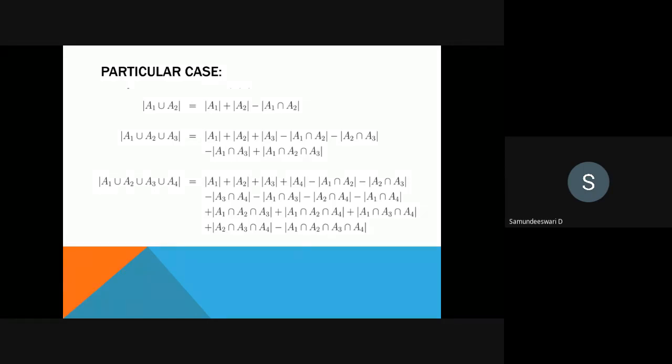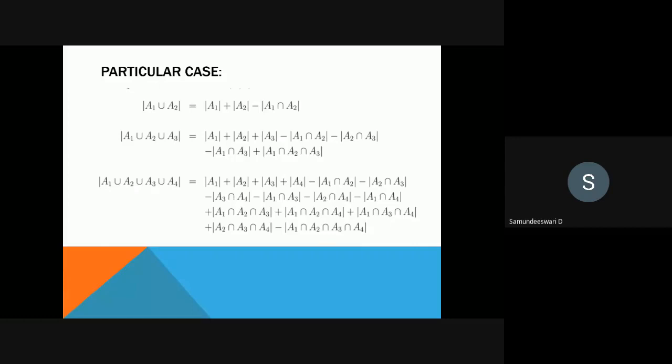Then the three sets A1, A2, A3. So easily you can remember: modulus of A1 plus modulus of A2 plus modulus of A3 minus modulus of A1 intersection A2 minus modulus of A2 intersection A3 minus modulus of A1 intersection A3 plus modulus of A1 intersection A2 intersection A3.